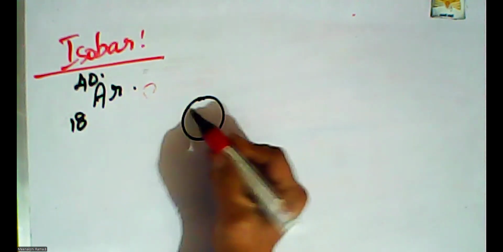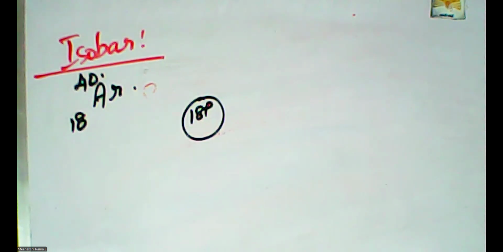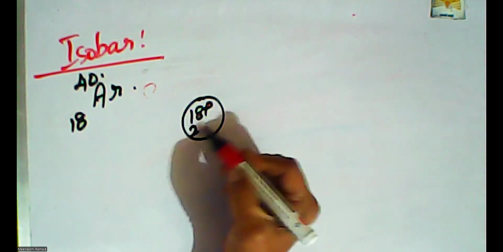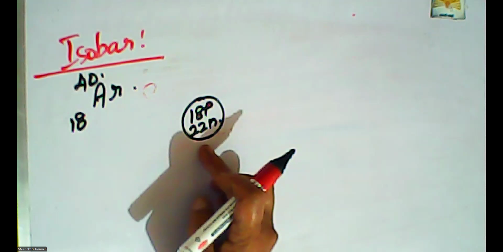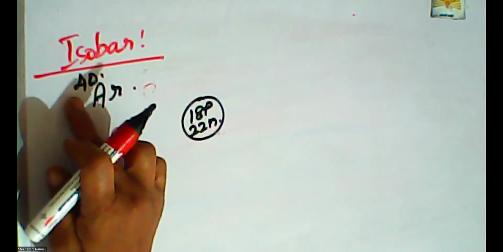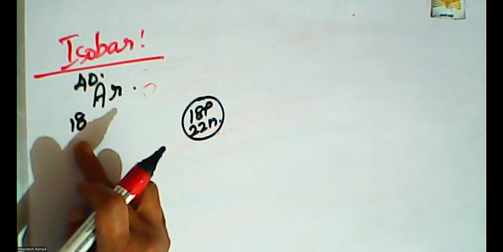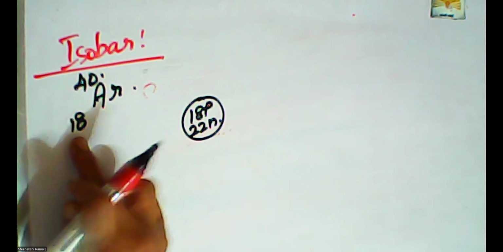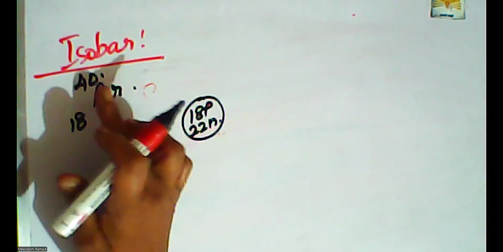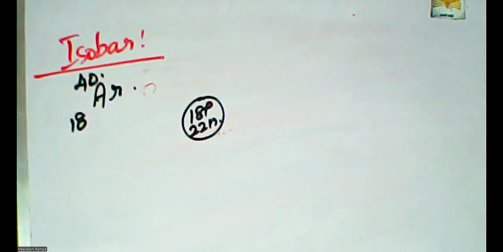So in the center part, there are 18 protons and 22 neutrons. The sum of 18 and 22 is 40, that is the mass number. The 18 protons denote the atomic number.